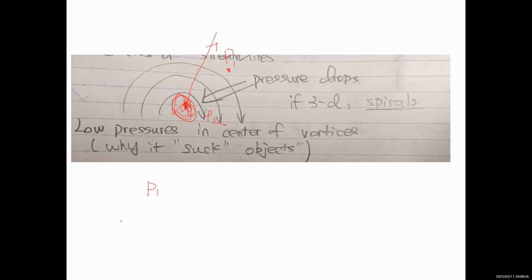So you can easily tell that P1 is greater than P2, and applying Bernoulli's equation, you can simply deduce that V1 is smaller than V2. So the speed of air in the middle is quite high.